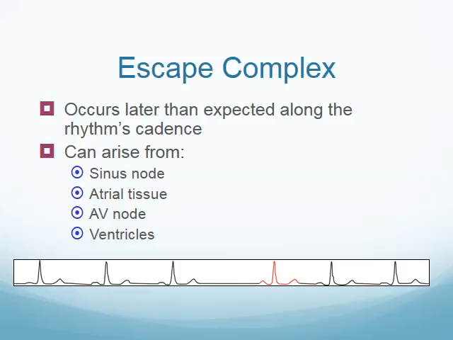Just because the sinus node fails to fire doesn't mean that the heart just doesn't beat. Eventually, after several seconds, the pacemaker from somewhere, be it the sinus node or elsewhere in the conduction system, is going to go ahead and provide a beat that is going to reestablish the pacemaker responsibility. So you can have an escape complex from pretty much anywhere in the conduction system.